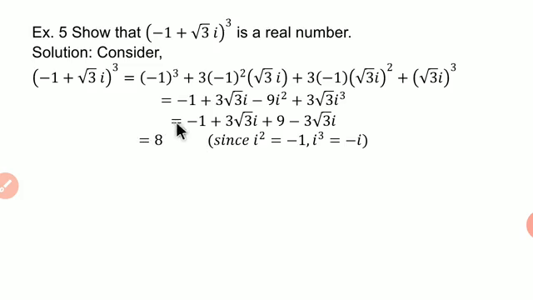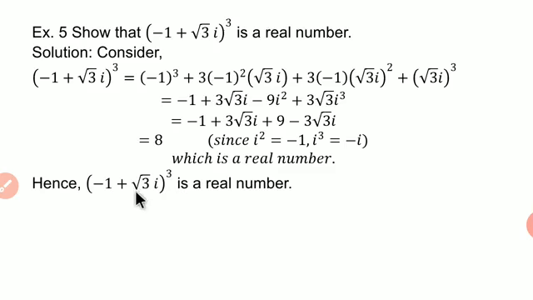We know every real number can be written in the form of a complex number by writing its imaginary part as 0. But it is a purely real number, and hence minus 1 plus root 3i bracket cube is a real number.